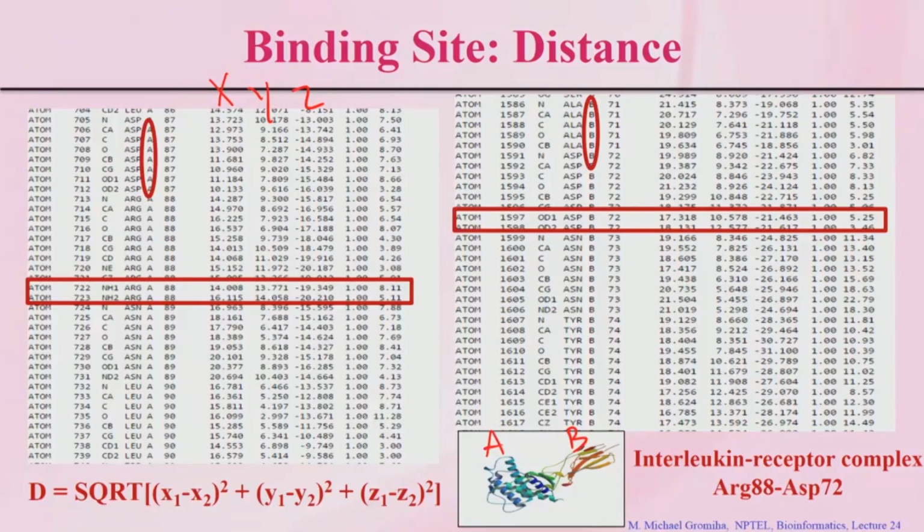For example, here this is arginine 88 in chain A, and here this is aspartic acid 72 in chain B. If you get the contacts, they should be within the specific cutoff distance. For example, take the NH1 of arginine and the OD1 of aspartic acid. What is the distance?